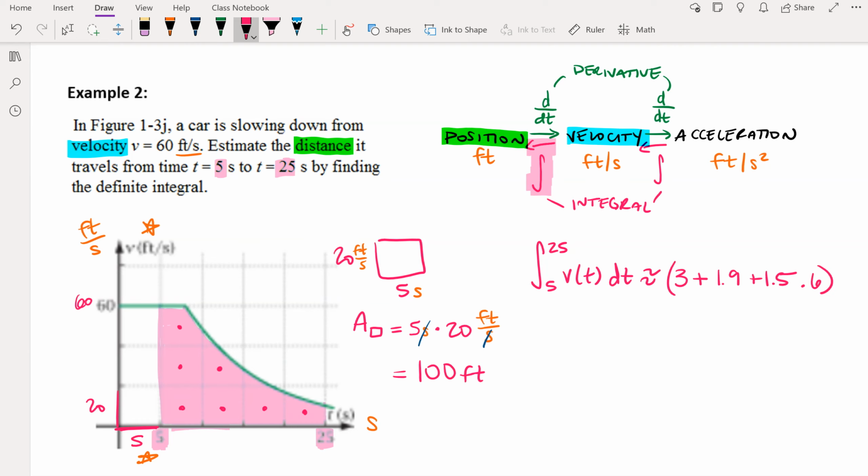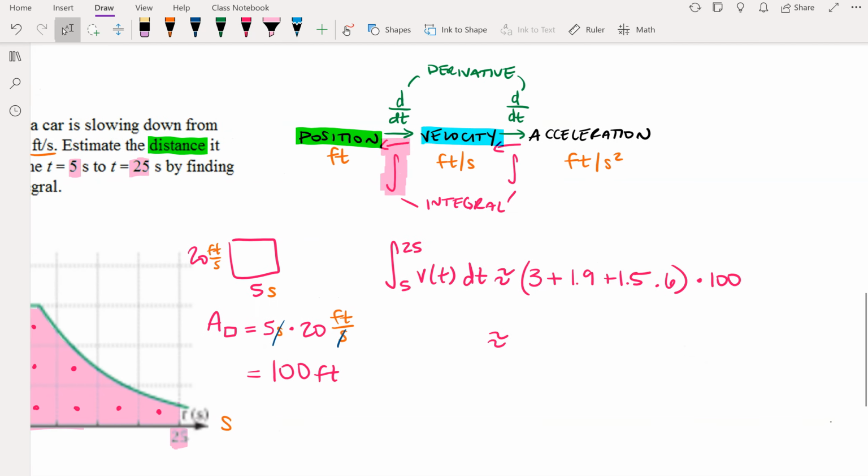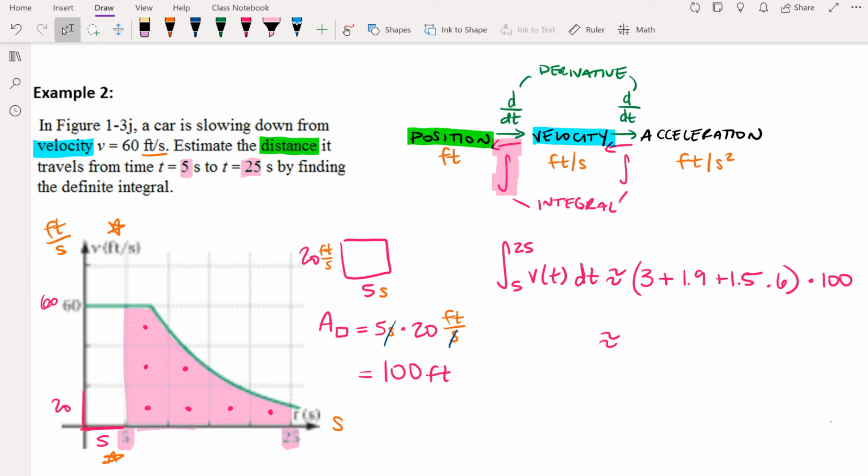Now we need to multiply that number by the area of each square. So then we would do times 100. And that would be the total area under the curve. And you get approximately, this is what I got the first time I calculated, approximately 6.5, and then times 100.